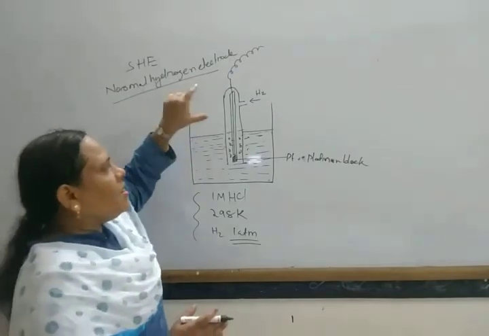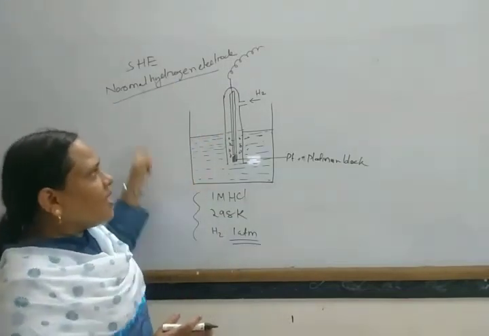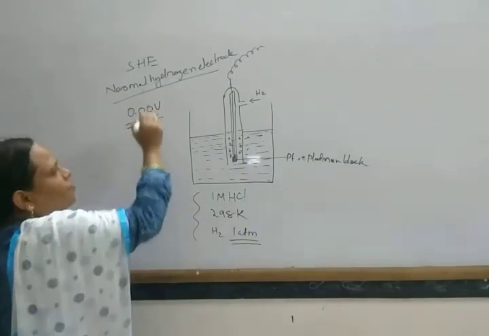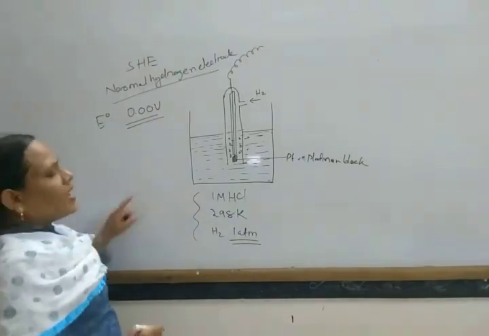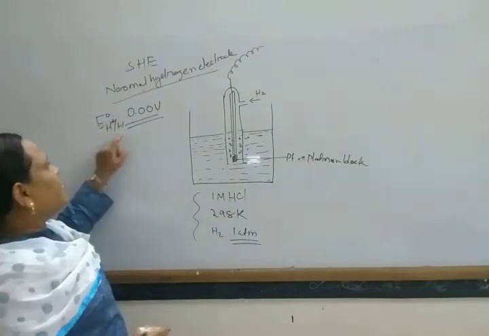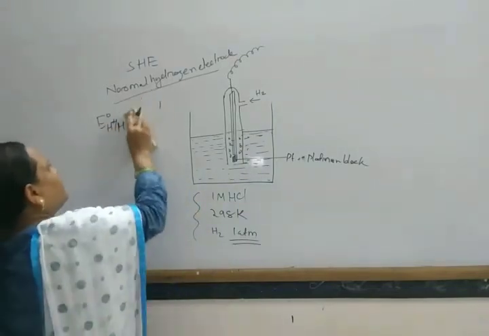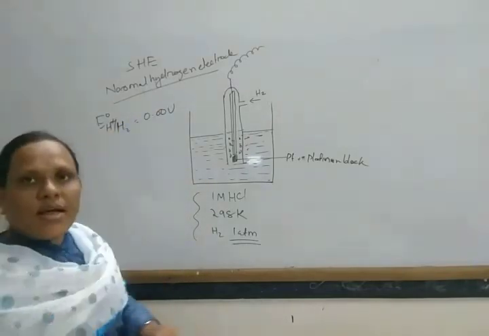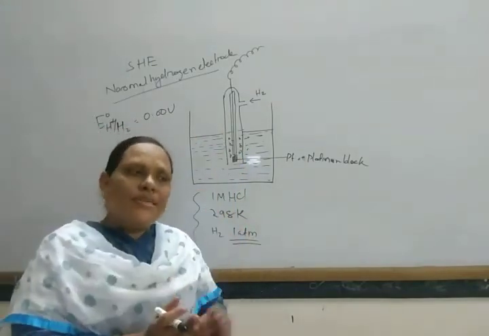This is known as the reference electrode, and arbitrarily the standard electrode potential of this hydrogen electrode, E of H plus to H, is taken as 0.00 volt.